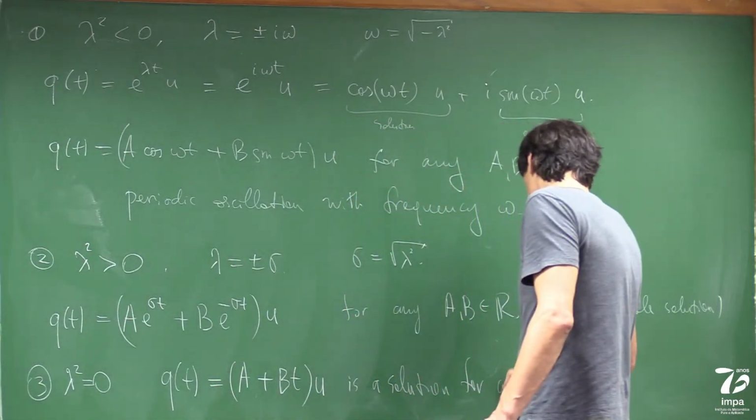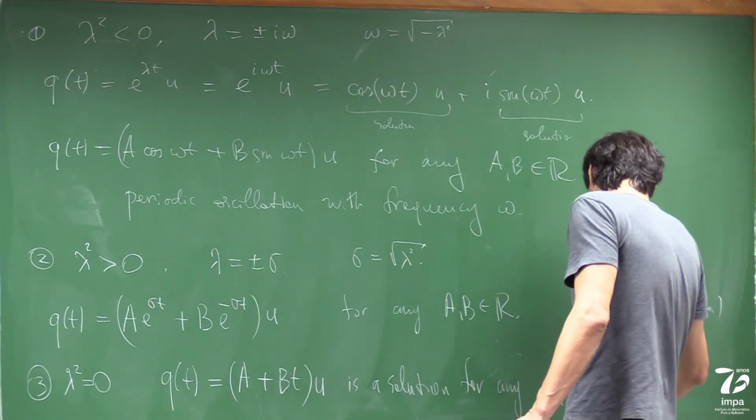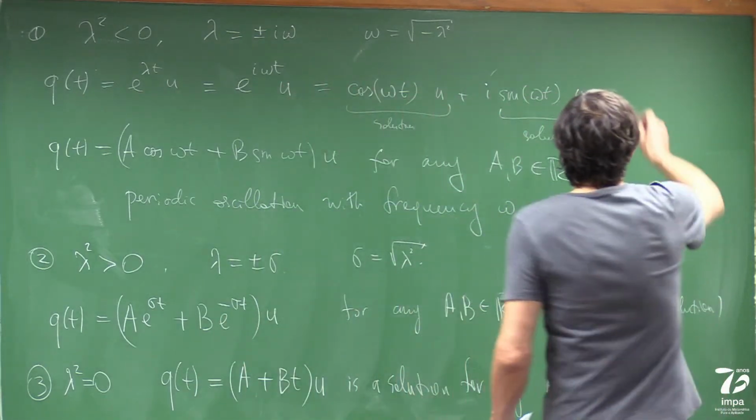So again we have two coefficients. Why is it so?